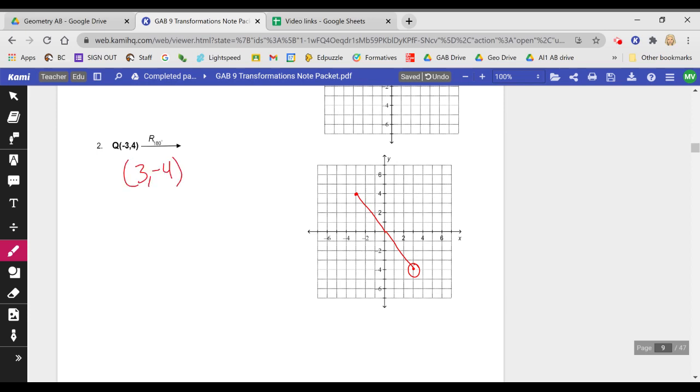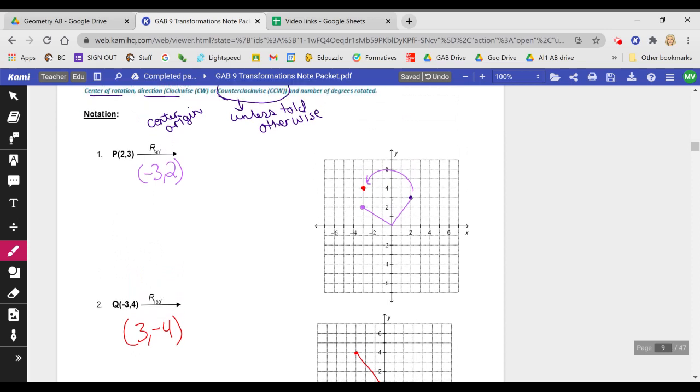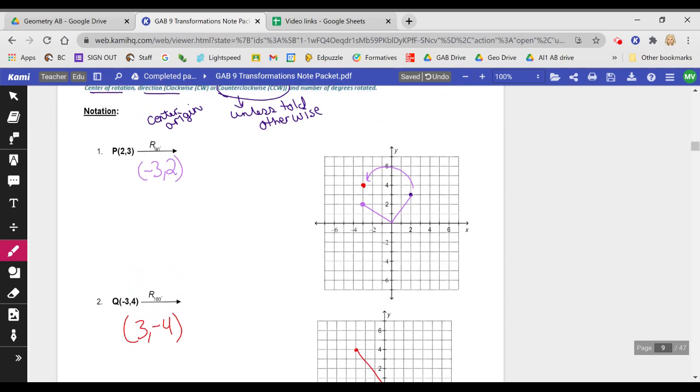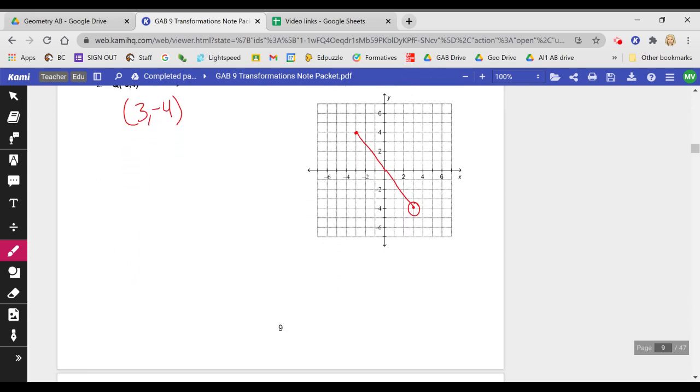So if we look at these 2 points, you can see that for my 90 degrees, I flipped the values and changed the sign of the first one. For 180, I didn't flip the order, I just changed the sign of both. So a trick that I like to go over helps me do all of them.